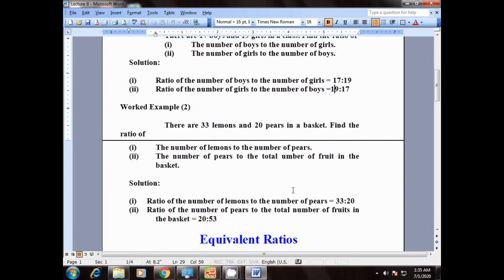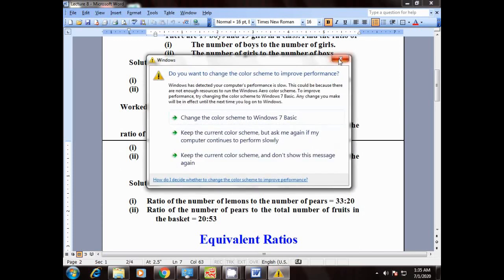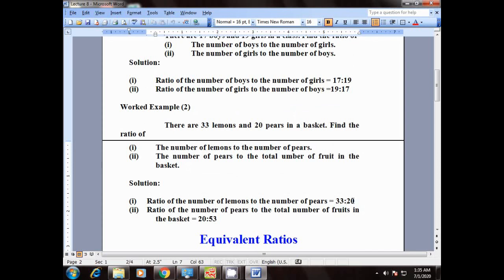Ratio of the number of lemons to the number of pears. Since we have given first lemons, so we will write the number of lemons, which is 33 in the basket, and then ratio symbol, and then we will write the number of pears, which is 20. So their ratio is 33 ratio 20. Second part, the ratio of number of pears to the total number of fruits in the basket.